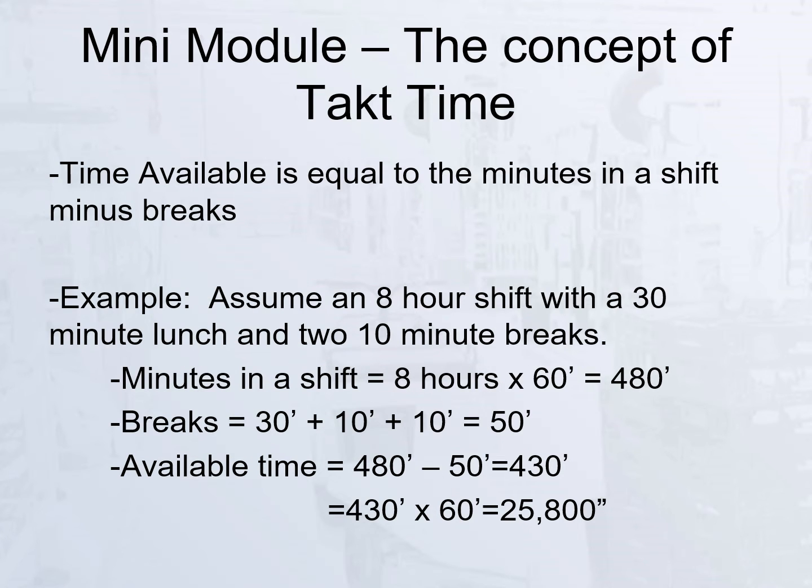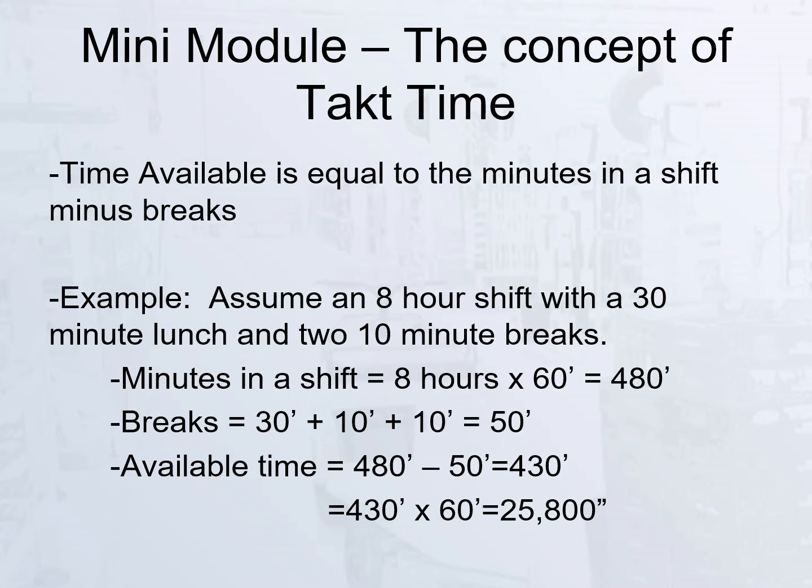So the first part of our equation for takt time is time available. Time available is equal to the minutes in the shift minus breaks. For our example, we're going to assume that we have an 8-hour shift with a 30-minute lunch and two 10-minute breaks. So the minutes in a shift is going to be equal to 8 hours times 60 minutes, which is equal to 480 minutes.